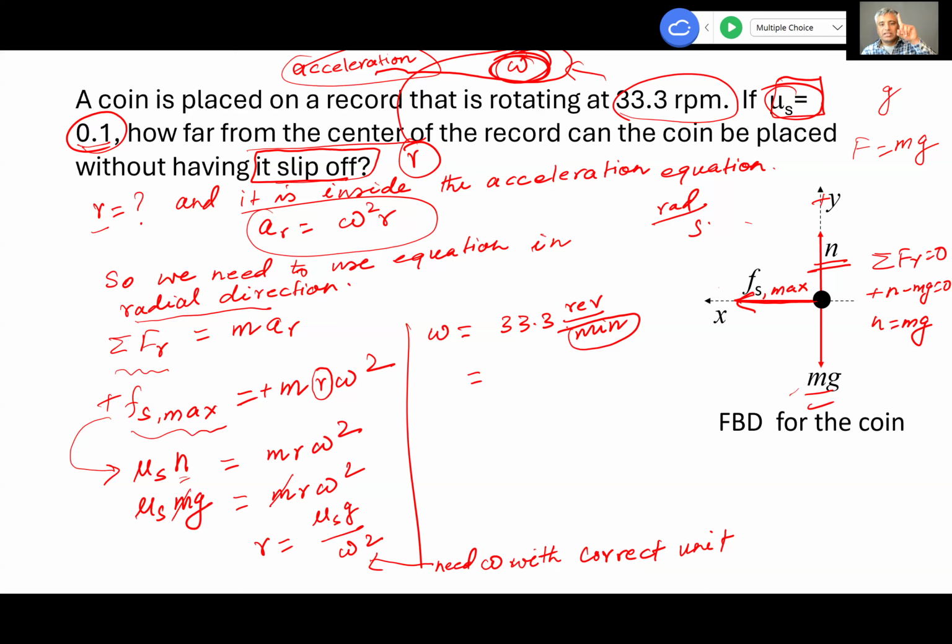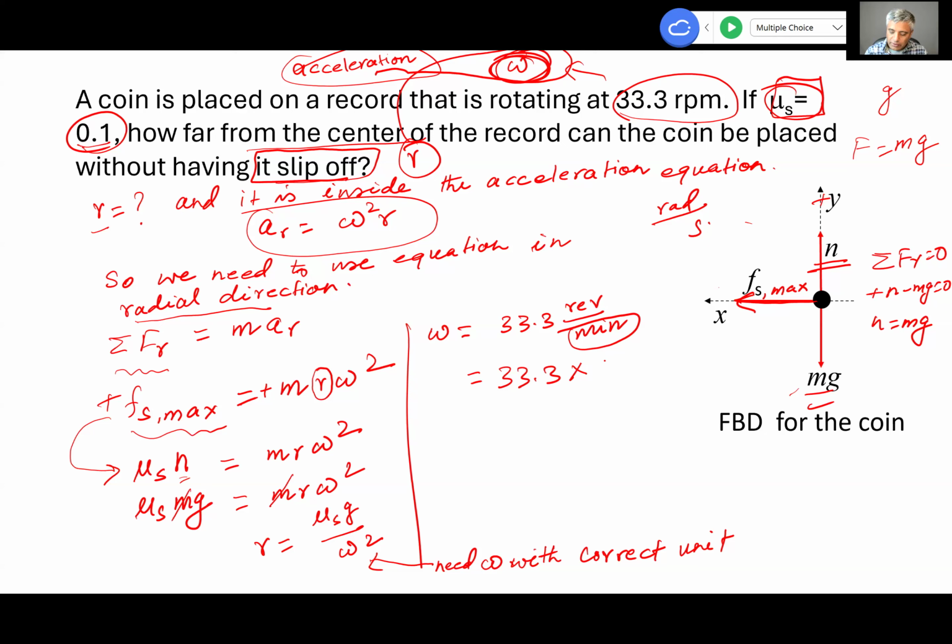One revolution is how many radians? One revolution is 360 degrees. We know that. One complete revolution means 360 degrees. And 360 degrees is how many radians? It is 2 pi radians. So we can use that.